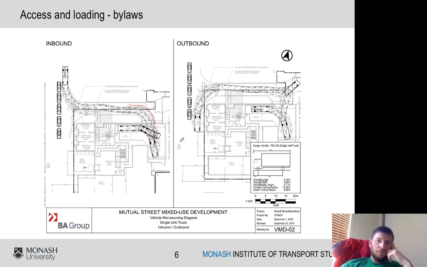So somehow above us, this entire building is going to have to be held up by some sort of column system, but you need all of this space here to accommodate the garbage truck. So all of this area here is going to need to be free of columns.